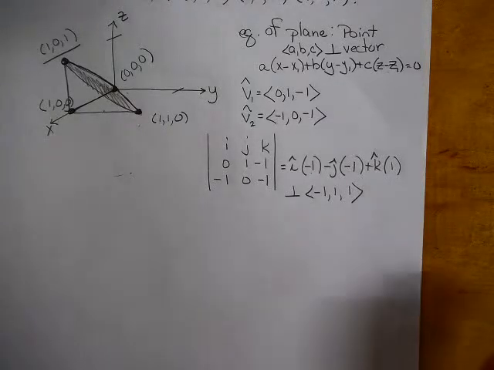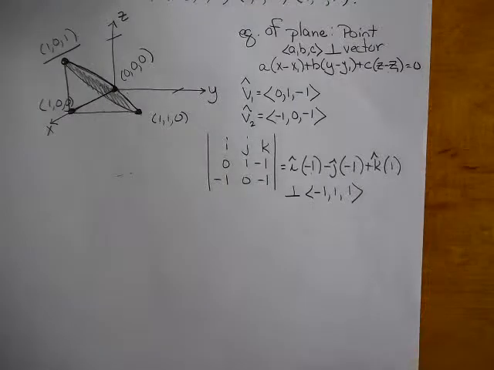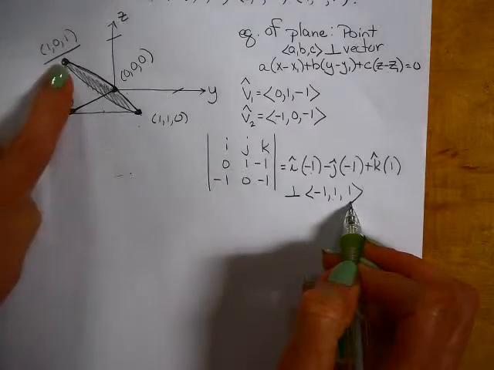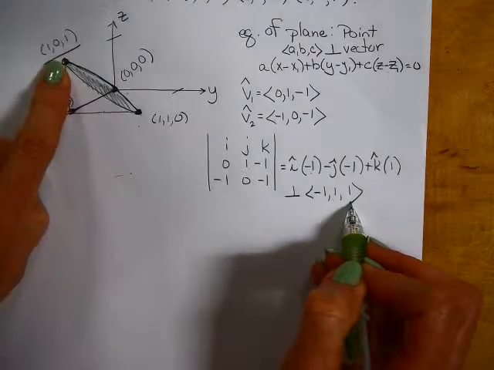Okay, this is old stuff. I'm just pulling it back to refresh your memory. So now this is my a, b, and c. I'm going to use the point that was in common to both vectors.